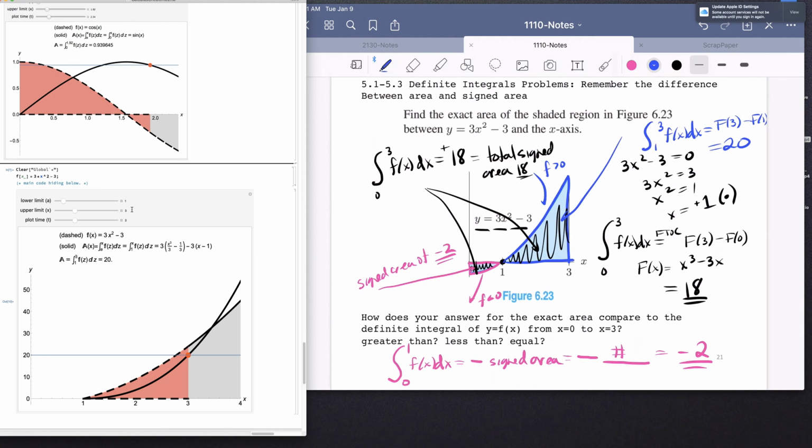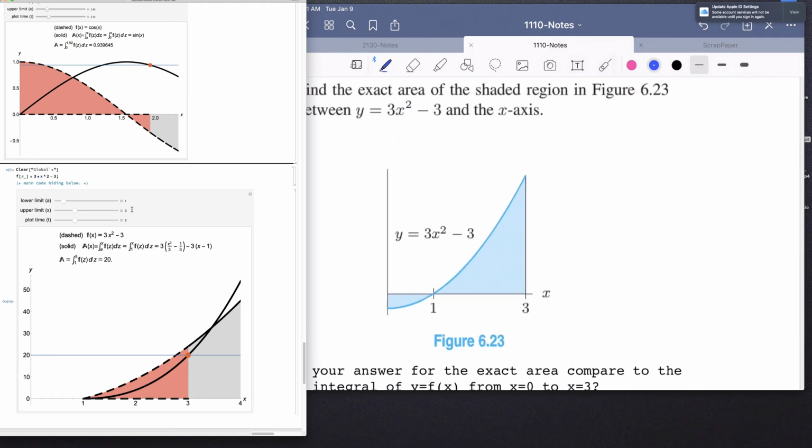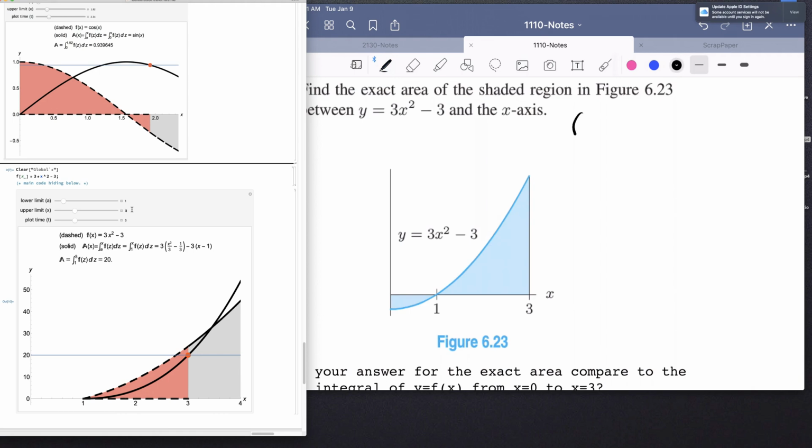So what we're seeing in this problem is that the definite integral from 0 to 3 of f of x dx came out to be a value of 18. That was the total signed area. It meant that there was a definite integral from 0 to 1, and then an integral from 1 to 3, and the blue integral had a value of 20.